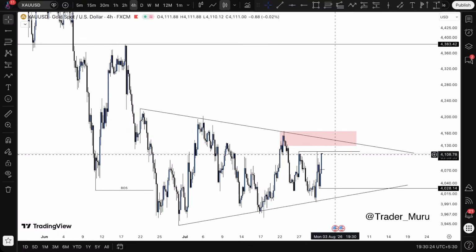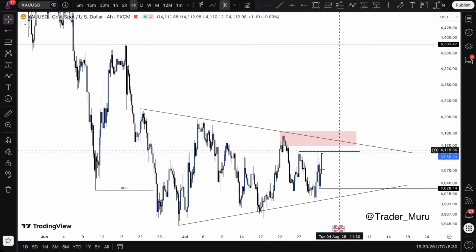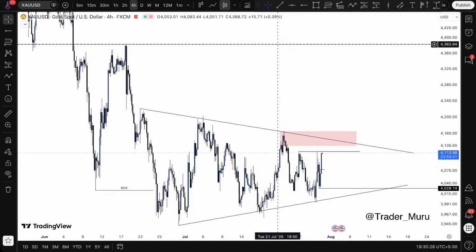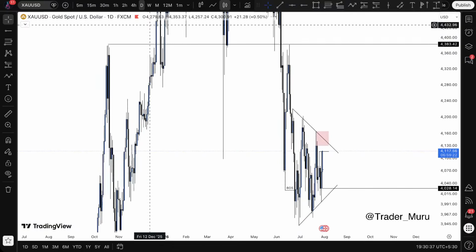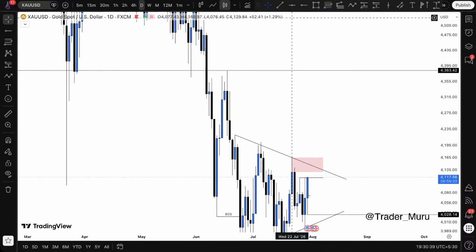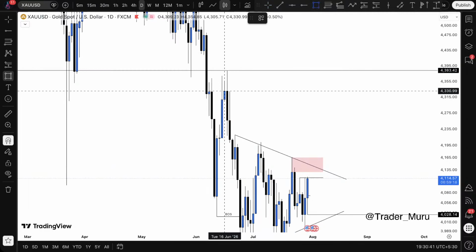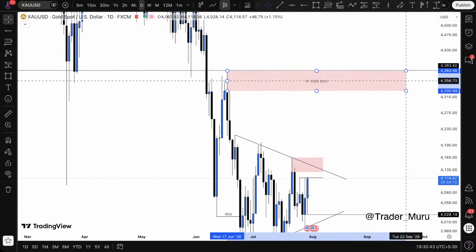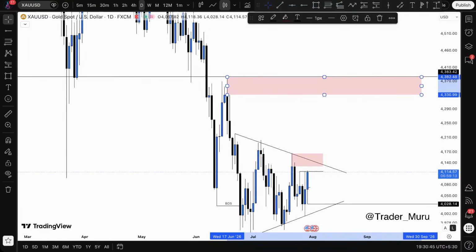And if we get breakout, buy it for the target of 4380. Till this zone. And from here, next swing shot will form.